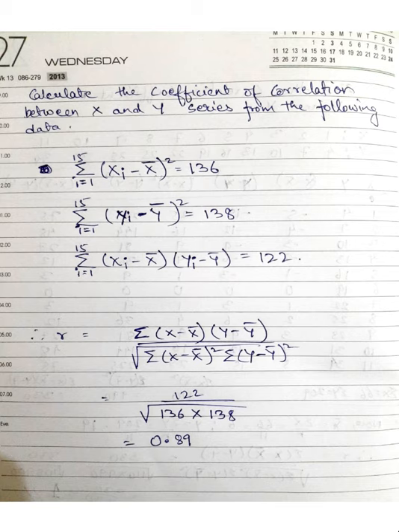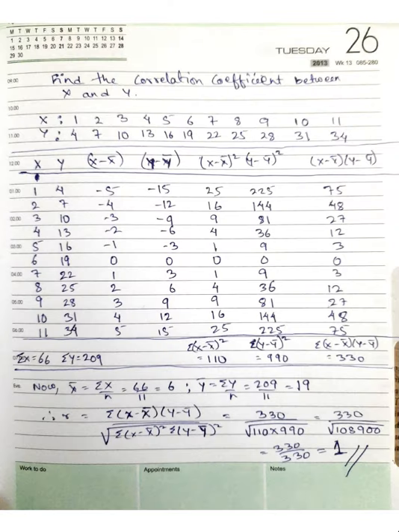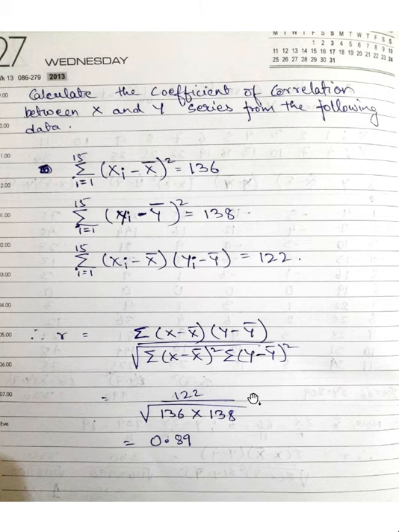So that was using the basic formula to find the correlation coefficient. Now we move on to another example. Calculate the coefficient of correlation between x and y series from the following data. We are given summation xi minus x bar whole square is equal to 136, i runs from 1 to 15.